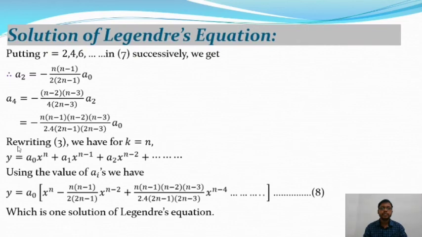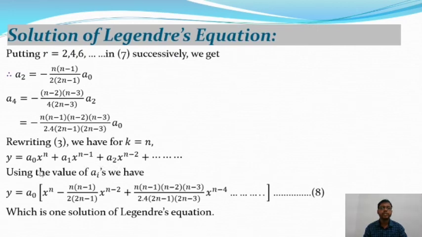So rewriting equation number 3, so we have for k is equal to n, this is the general solution of the given Legendre equation. So it is actually y is equal to a0 into x to the power n plus a1 into x to the power n minus 1 plus a2 into x to the power n minus 2 and up to infinity.